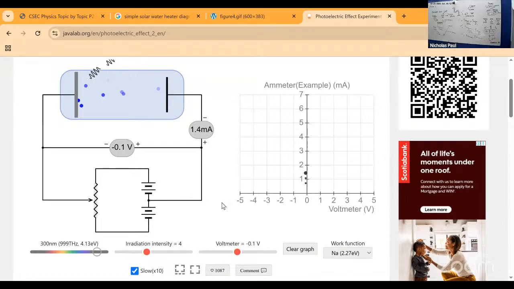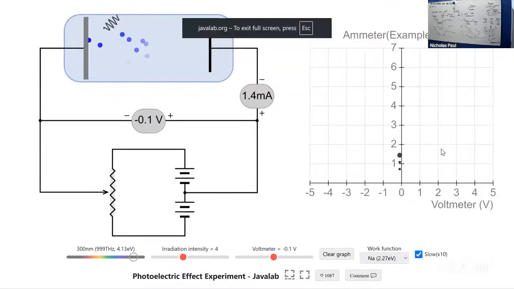So let me go with the next default screen. Now let's try like iPhone 6.